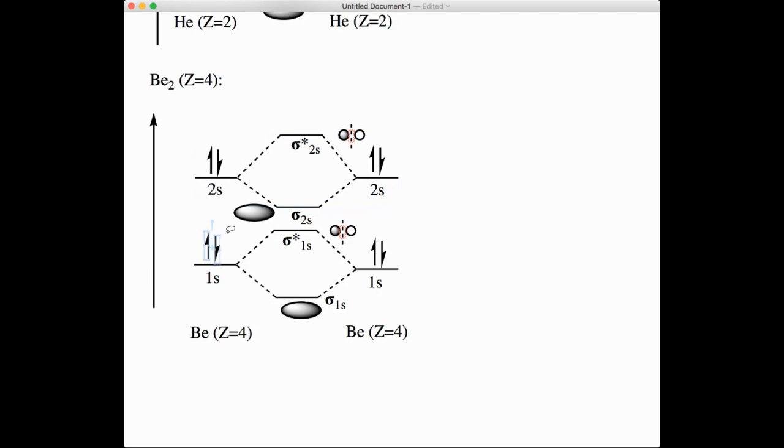I'm going to start from bottom to top. I place 2 electrons here, and then 2 here. That's 4. I place 2 here, that's 6, and then another 2 here for a total of 8. And that's it.